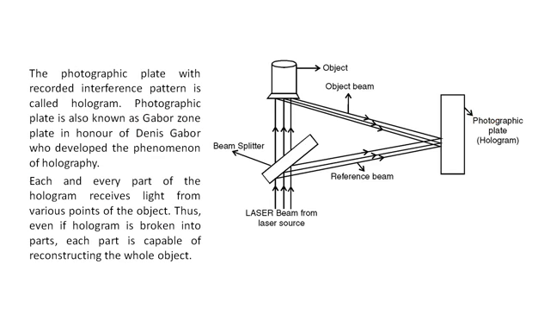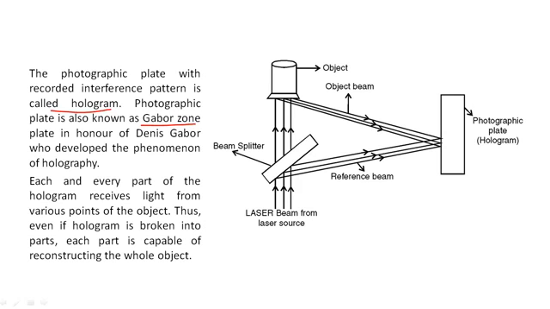The photographic plate with the recorded interference pattern is called a hologram. The photographic plate is also known as a Gabor zone plate in honor of Denis Gabor, who developed the phenomenon of holography. Each and every part of the hologram receives light from various points of the object. Thus, even if the hologram is broken into parts, each part is capable of reconstructing the whole object.